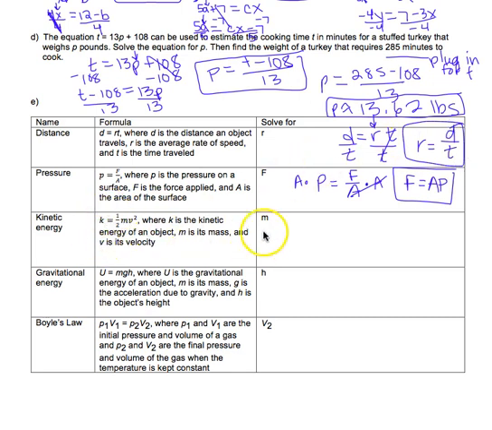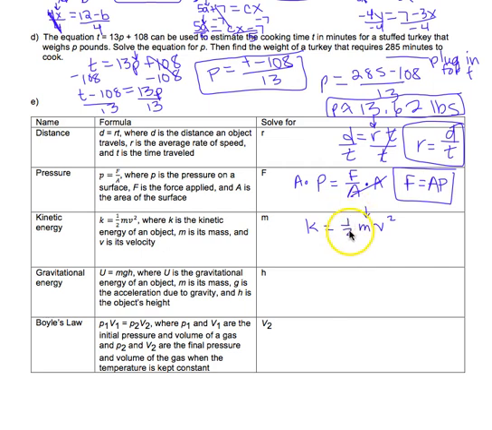Kinetic energy, we're solving for m, which stands for the mass. So I have K, kinetic energy, equals 1/2 mass times velocity squared. So if I'm solving for m, that means I need to get rid of two things. I need to get rid of a 1/2. Now, fractions are a little bit different. You've learned throughout junior high and middle school math that we get rid of fractions by multiplying by the reciprocal.